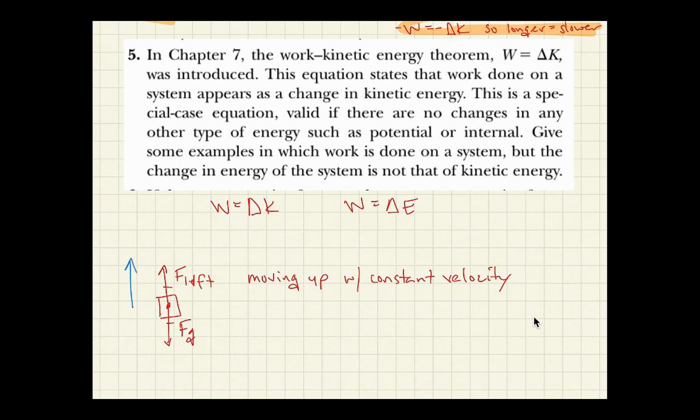So it does have a displacement in the upward direction, and because it's moving at constant velocity, that means that kinetic energy is also constant. But if it's moving up in the air, that means that GPE, gravitational energy, is increasing.